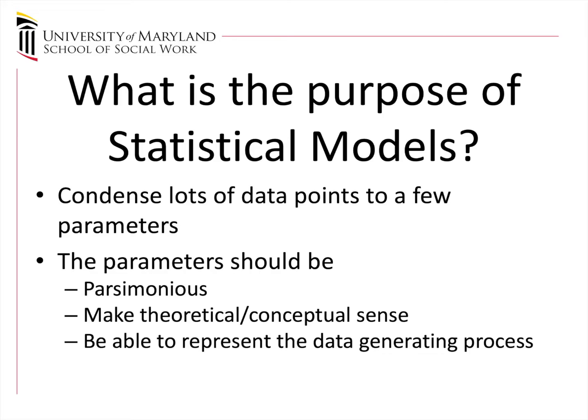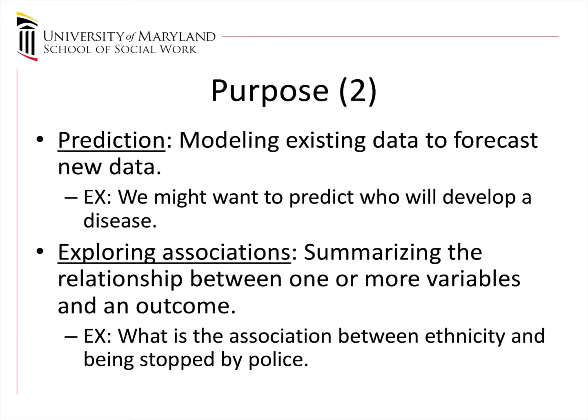So we want to condense all of our multitude of points into a very refined, small, conceptually coherent thing that is in some way related to how we got the data, and the data should reflect that in some way, and then we extract from the data these parsimonious parameters, and that's the general frame of what we do.